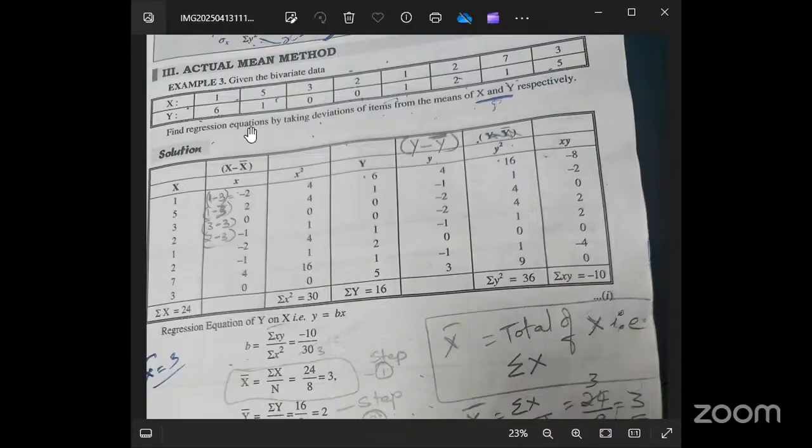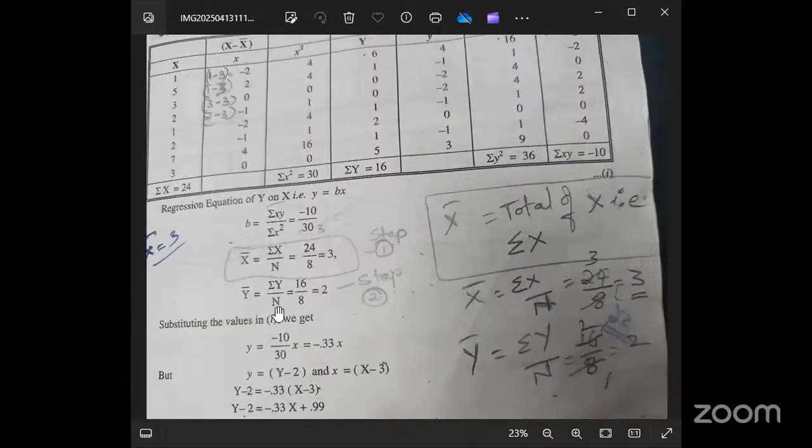What is sigma x here? 24. And what is n? How many variables are there? n is 8. So 24 by 8, we get 3. So what is y bar? Sigma y is 16 by 8. We get 2. This is step 1 and this is step 2.